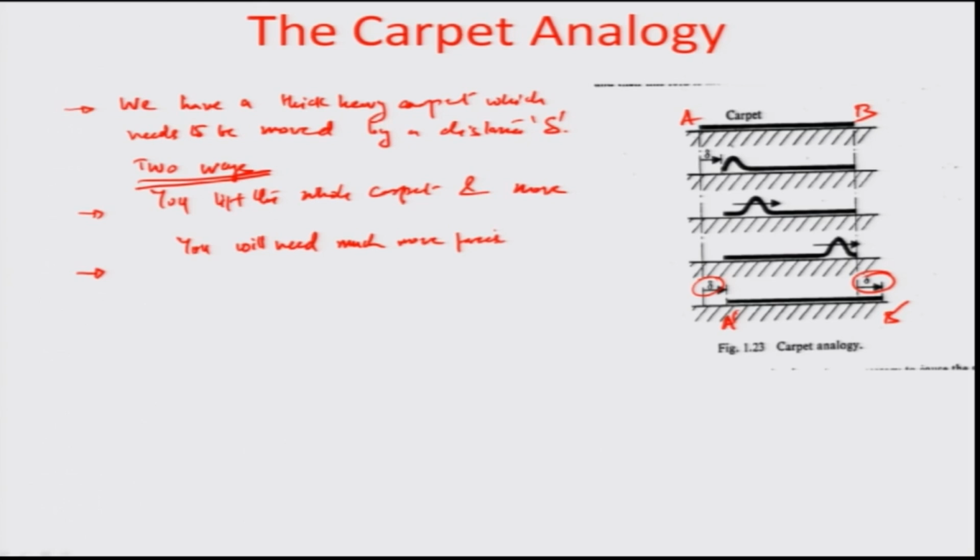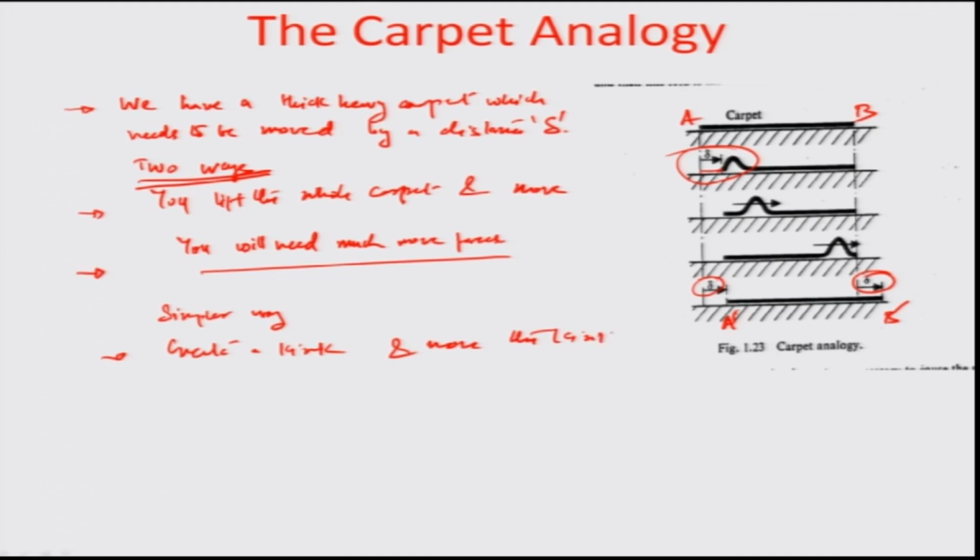So, it is very difficult for you to move it by lifting the whole thing. There is a simpler way, that you create a kink. You can see that there is a kink created in a way that you exactly move delta, and whatever leftover portion, you create a kink. So, create a kink and move the kink.